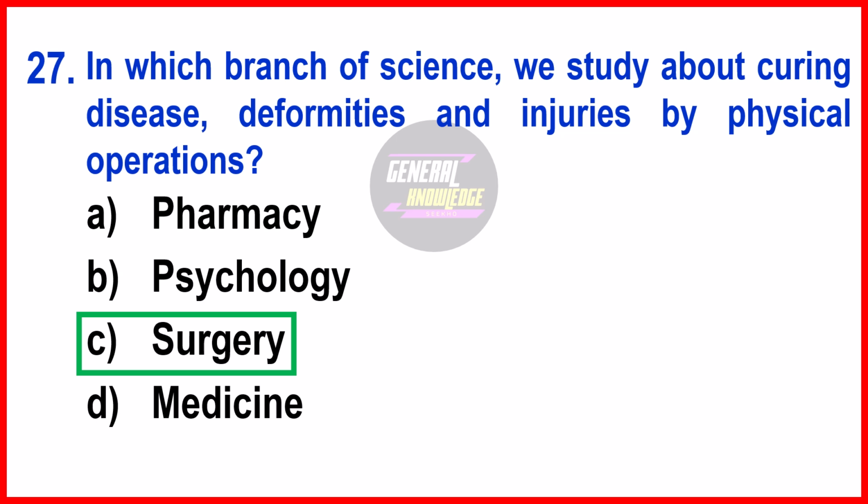It includes procedures to remove unwanted tissues, reconstruct parts of the body, or repair injuries. For example, general surgeons perform operations to treat conditions like appendicitis, hernias, and cancer.